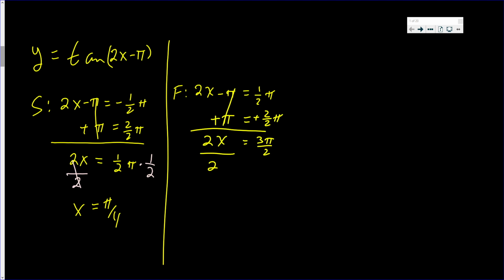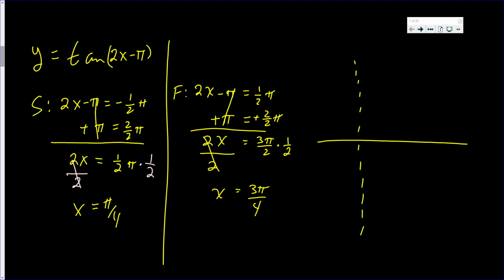On the left, it's friendliest to divide by 2. On the right, I multiply by the reciprocal. So I get 3 pi over 4. Okay, that's enough for me. It starts at pi over 4, it finishes at 3 pi over 4, and it goes like this.